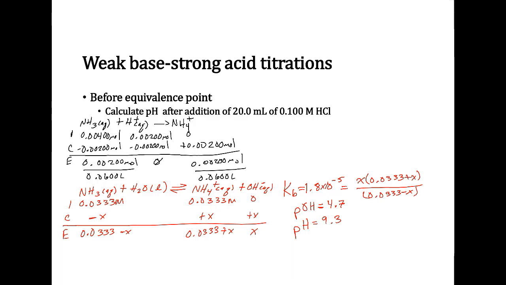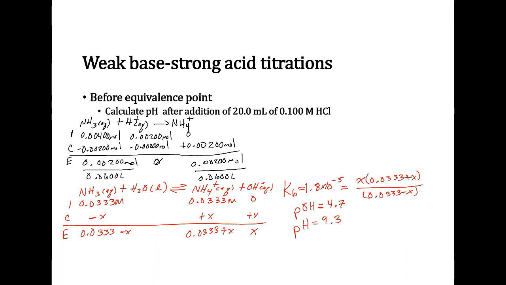Before the equivalence point, once we've started our titration, we're adding acid. So we have our ammonia plus our H+. We have to go through and find the amount in moles first. So we start out with 0.00400 moles of ammonia and 0.00200 moles of the acid.